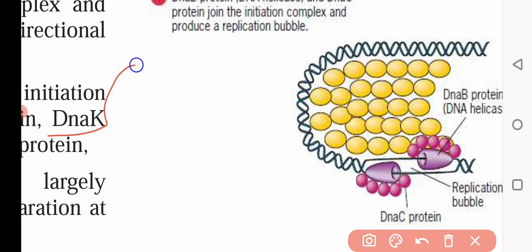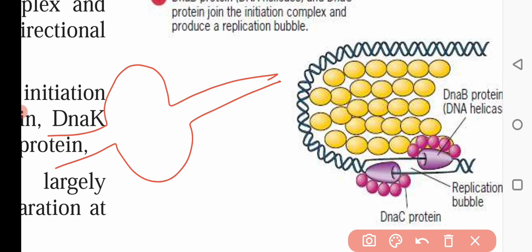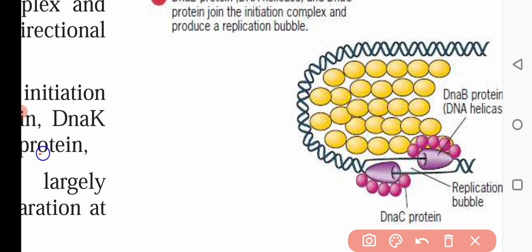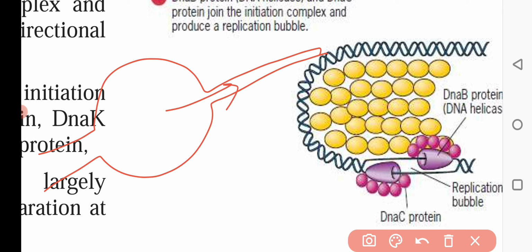DNA helicase comes and joins on the 2 separated DNA strands, and now it breaks the hydrogen bonds between the DNA strands, and carries out the opening of both the DNA strands in both directions.